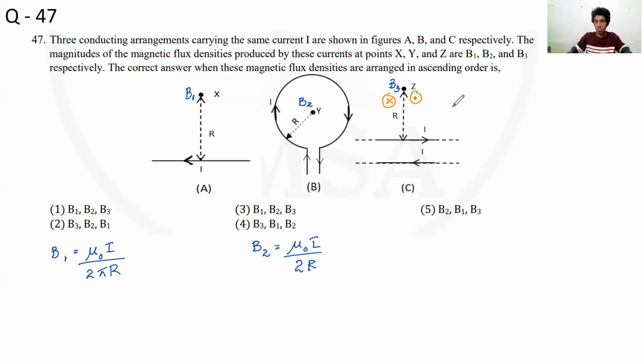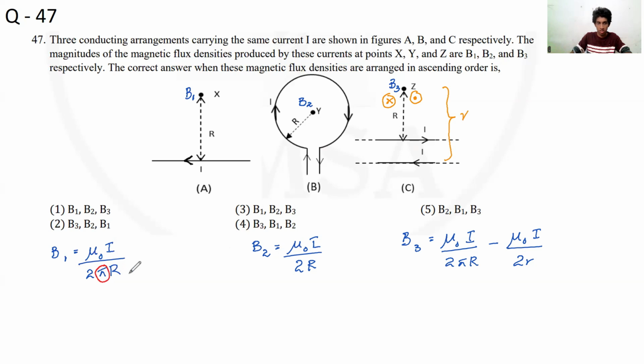So now for the calculation, I'll take this distance as R. So therefore, we can write an expression for B3 and that is equal to mu naught I over 2 pi R minus mu naught I over 2R. So now we can compare B1, B2, and B3. First let's compare B1 and B2. Here in B1, you can see a pi term, but in B2, that is absent.